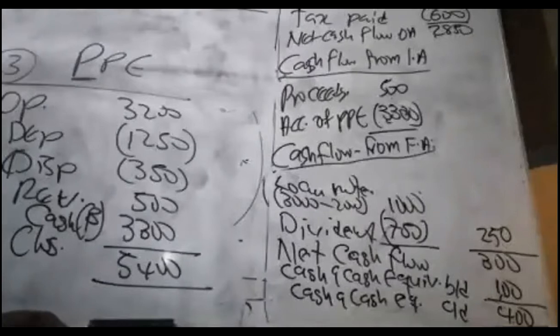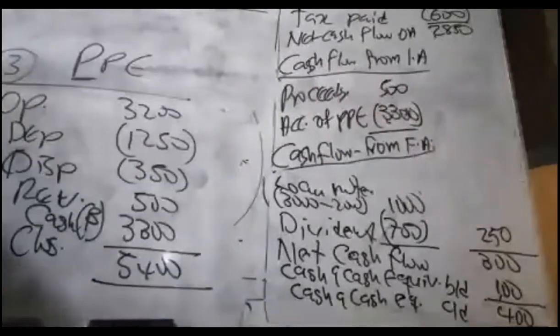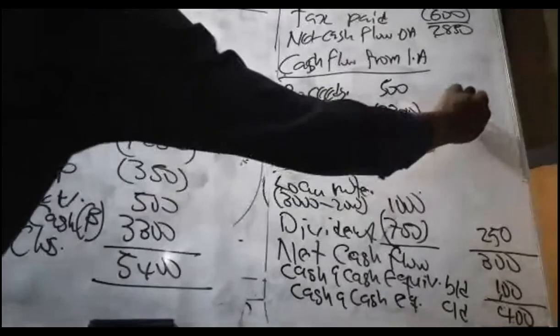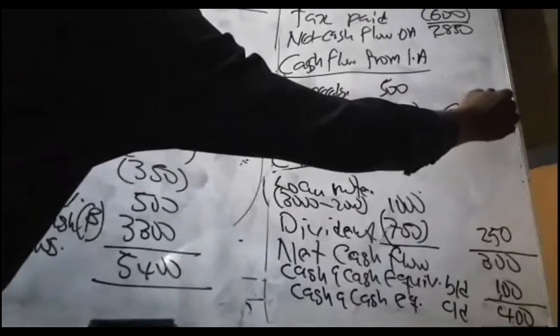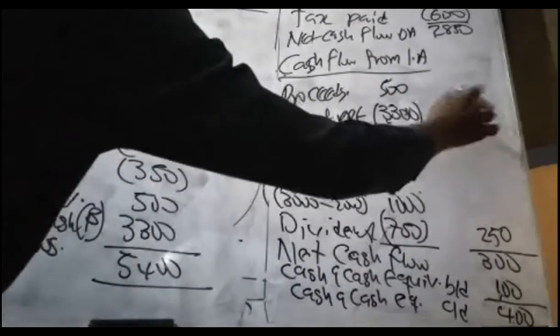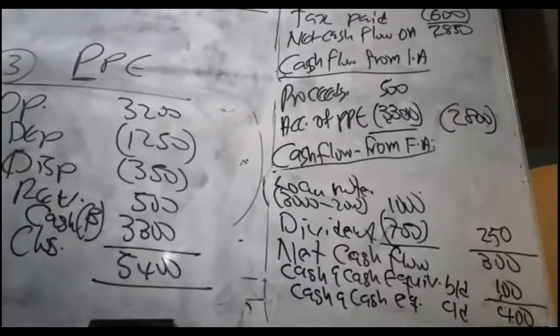So we did this for a purpose. I did this one to illustrate some fact for you. So 500 positive minus 3,300 minus what? 2,800. Good.